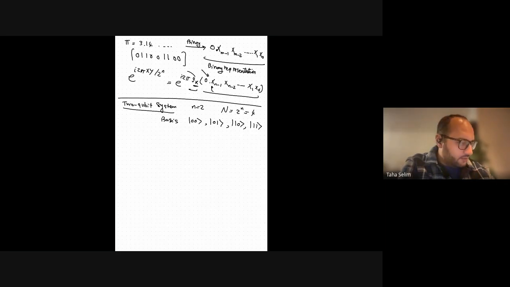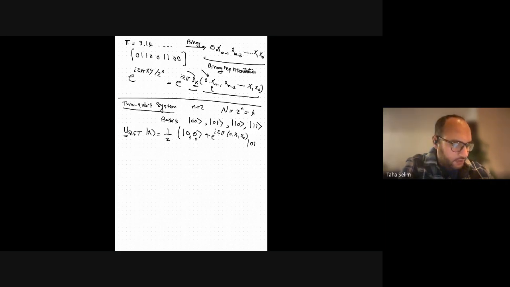Then the quantum Fourier transform matrix will act on the bases in the sense that I will have one half, ket 0 1 0 0. So this is how I load it in binary, plus e to the power i 2 pi 0 x1 x0.